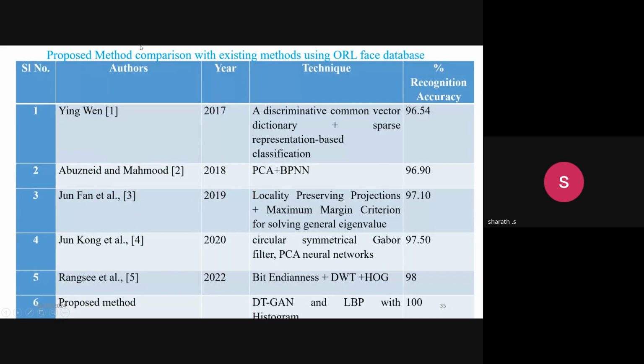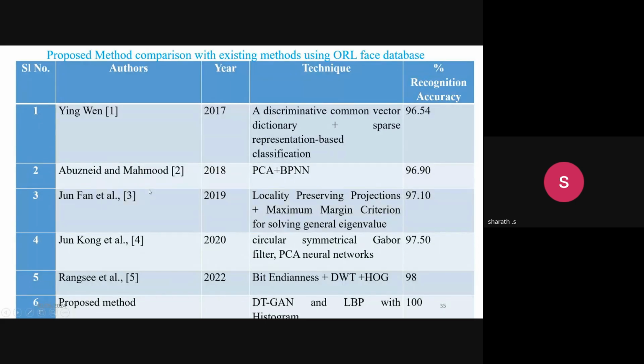So the proposed method was compared with the existing methods. We compared with different standard papers. So this is Wen, who used a discriminative common vector dictionary plus sparse representation based classification. This was compared for the overall face database, and the recognition accuracy was found to be 96.54.